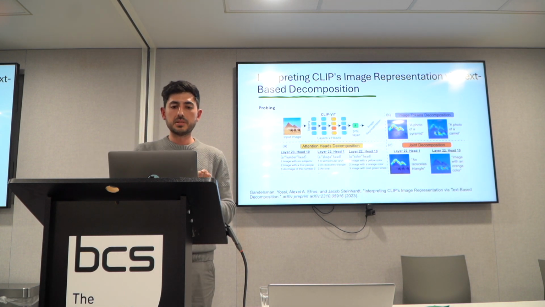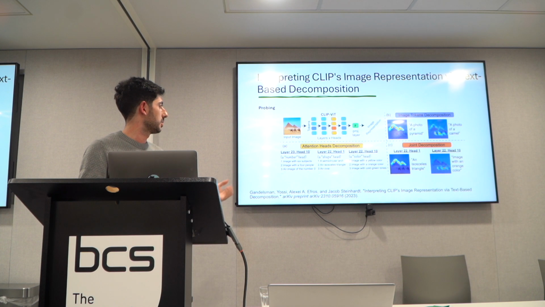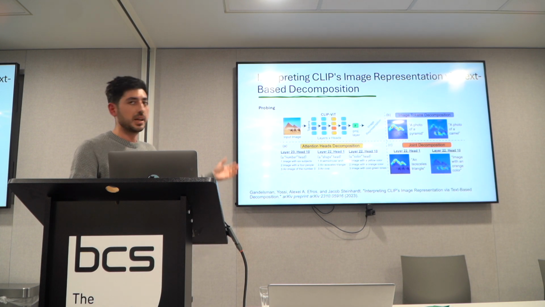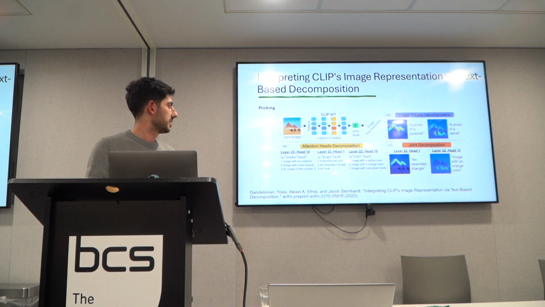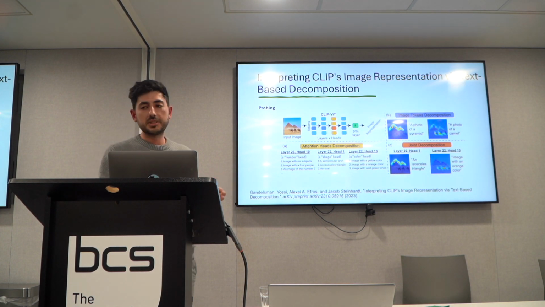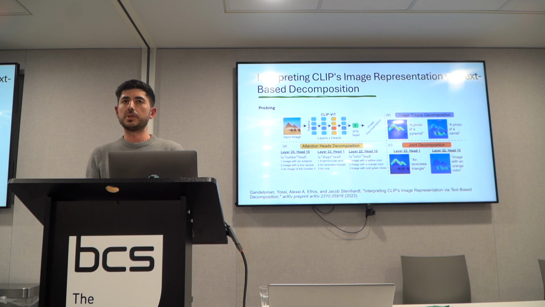It's an approximation, but you would understand, for example, that layer 22, head 1 is a shape head. And this type of interpretation is actually useful to understand how the semantics are formed and what's happening inside the models.